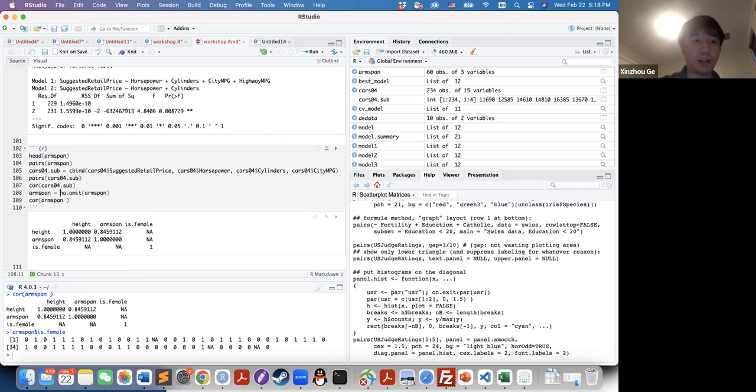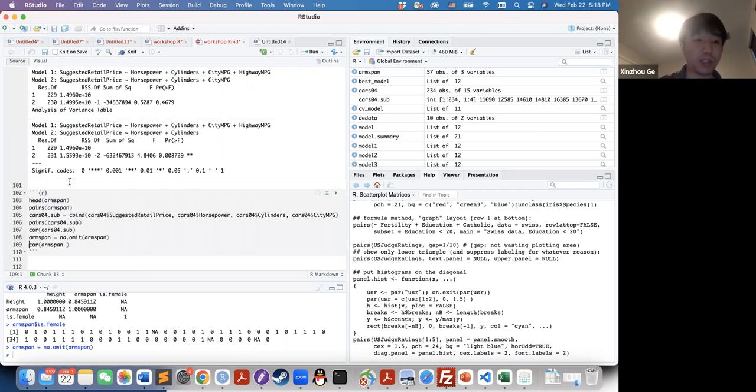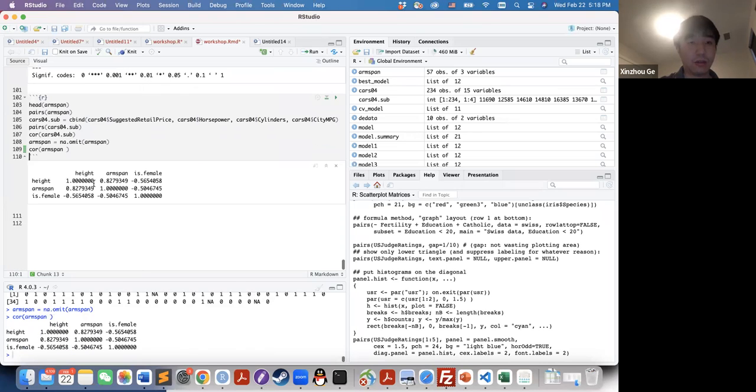You can use this function to remove the rows which have NA values, and we do the analysis on the cleaned dataset. And that's how we deal with those NA values. Thank you for pointing that out. Yeah, I did the data cleaning before the workshop, so that's why I had different results.